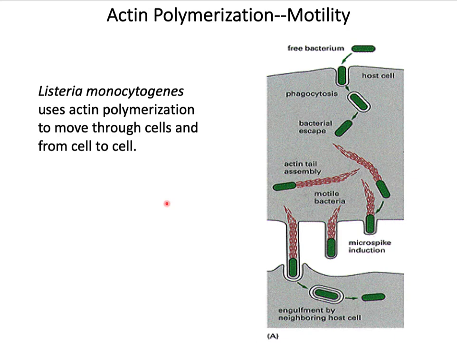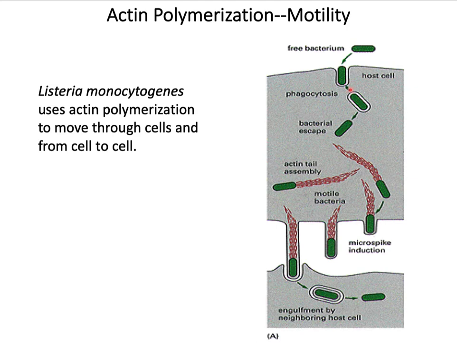You'll remember from our previous discussion of the endomembrane system that the normal route is that the particles in the phagosome are trafficked to the lysosome and degraded. But Listeria has a very interesting protein on its cell surface known as listeriolysin. Once the Listeria bacterium is inside the cell in the phagosome, that protein can lyse the membrane of the phagosome and the bacteria can escape into the cytosol.